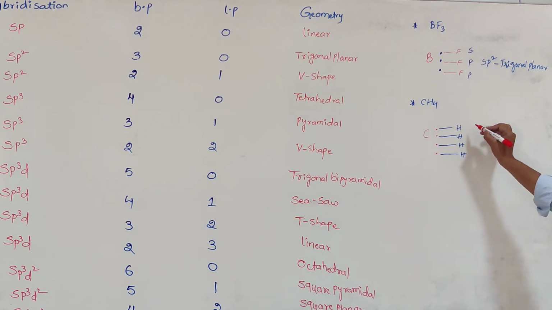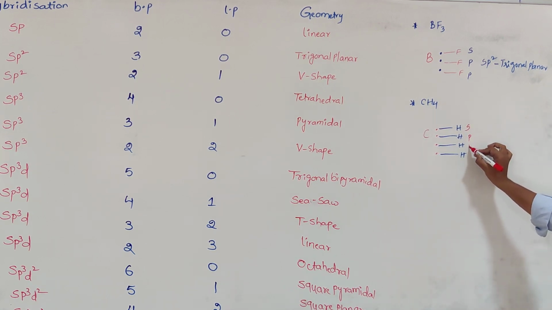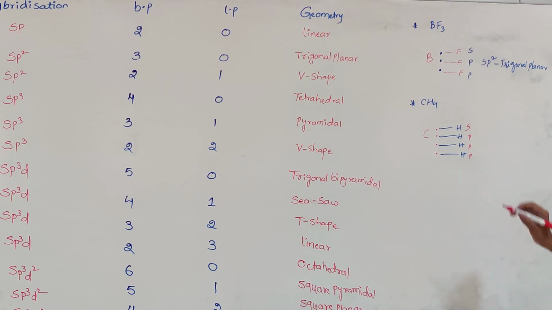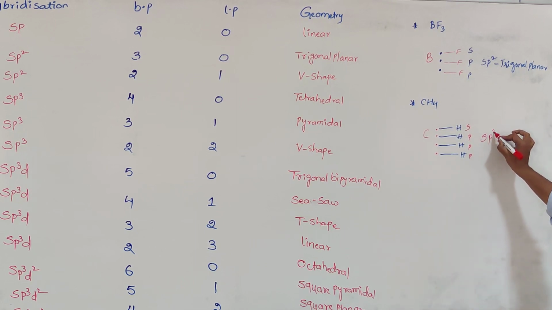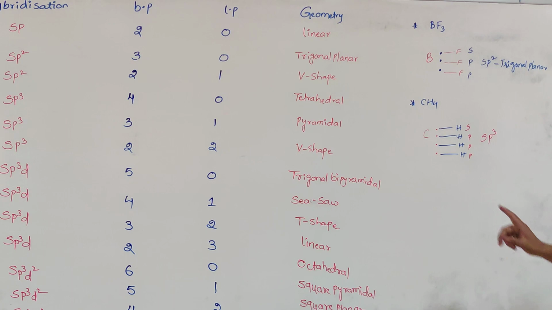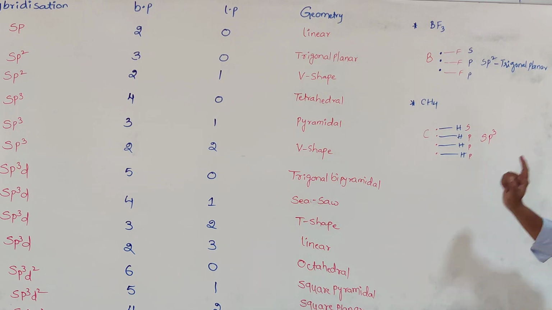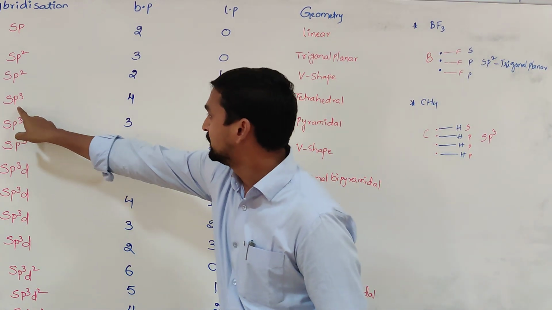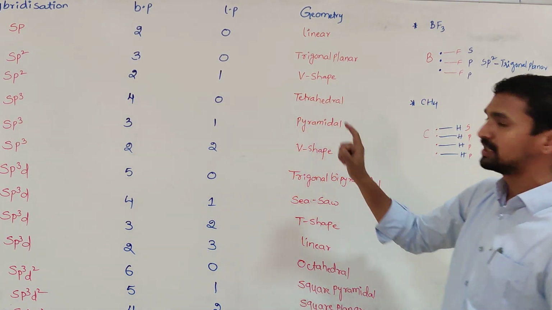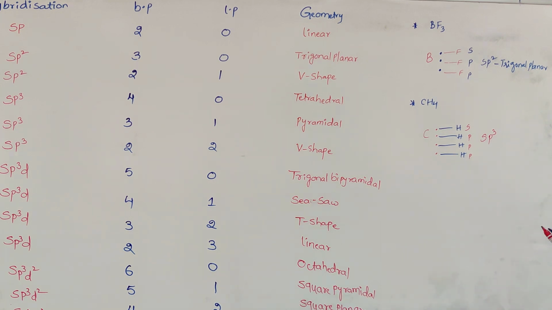What is the hybridization here? s, p, p and p, so sp3 hybridization. How many bond pairs? 1, 2, 3, 4. So sp3 hybridization, 4 bond pairs. What is the geometry? Tetrahedral. I explain with these examples because they are known to you.